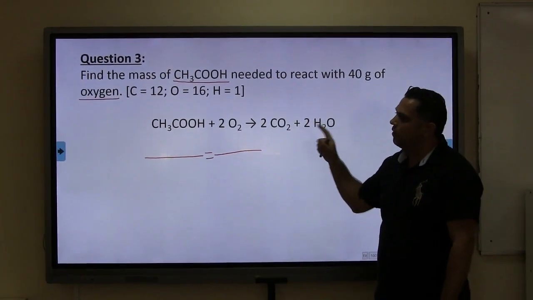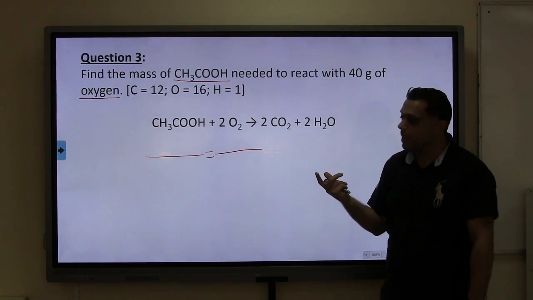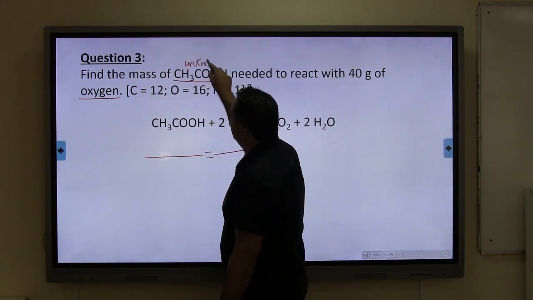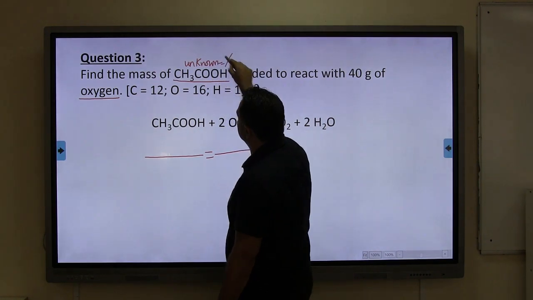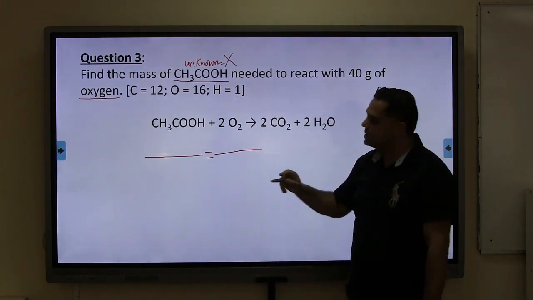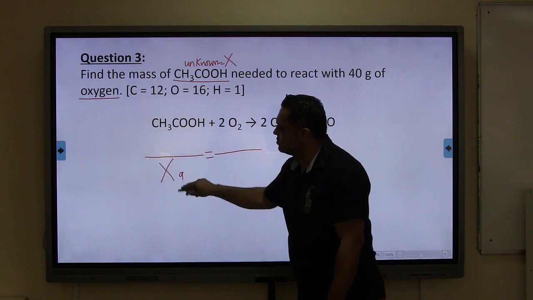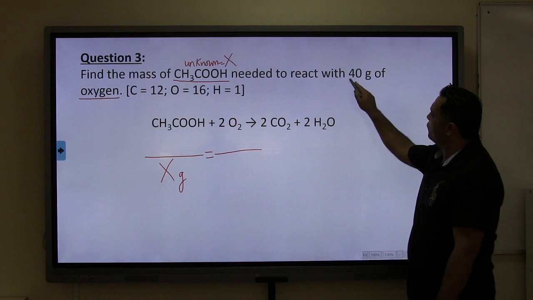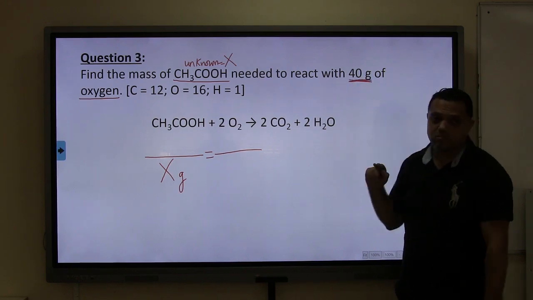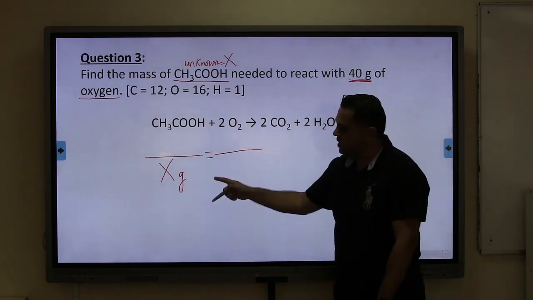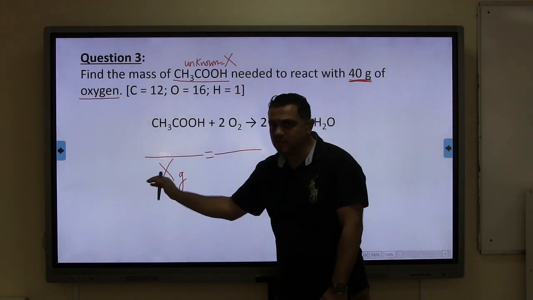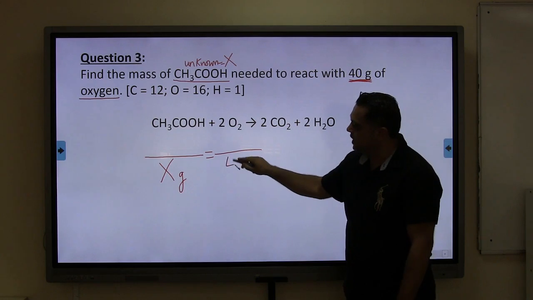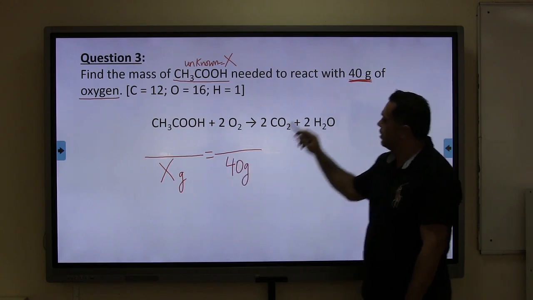Find the mass of the acetic acid. We don't know the mass. This is the unknown, and this unknown is X. So I have X grams of CH3COH needed to react with 40 grams of oxygen. On the same side, we need to put the given 40 grams of the oxygen.